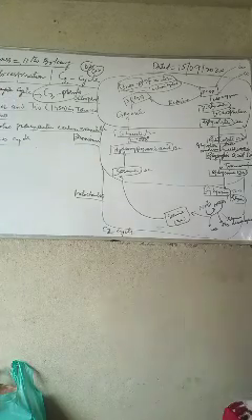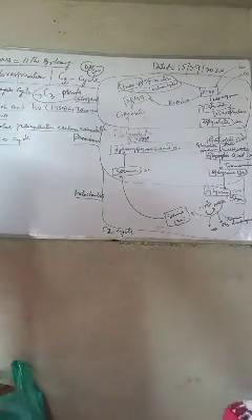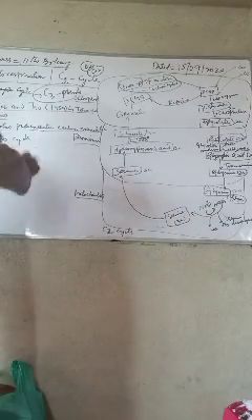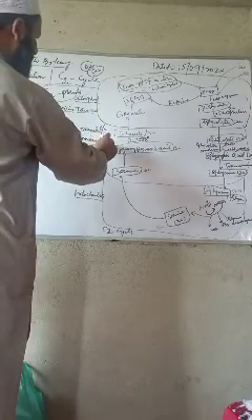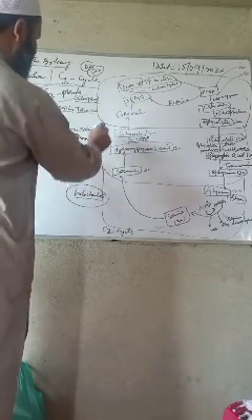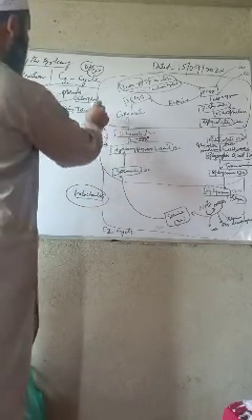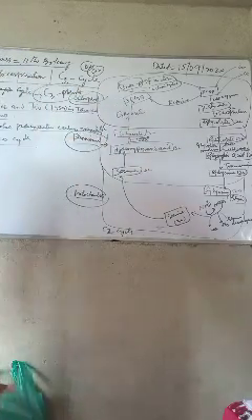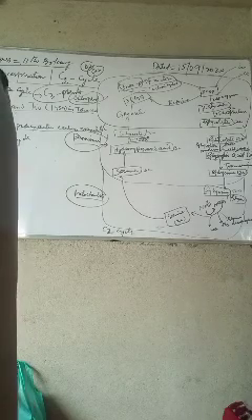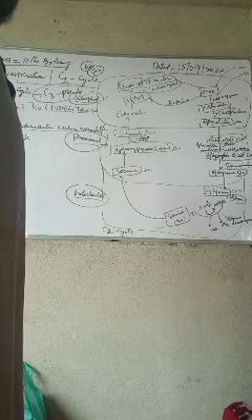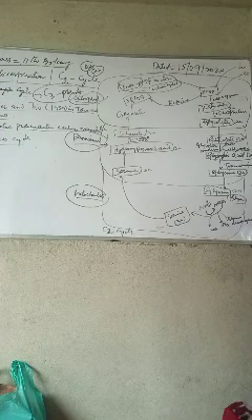It involves 3 cell organelles, that is chloroplasts, peroxisomes and mitochondria.